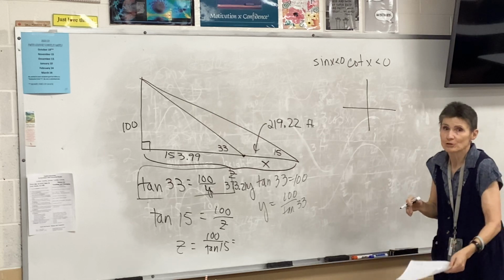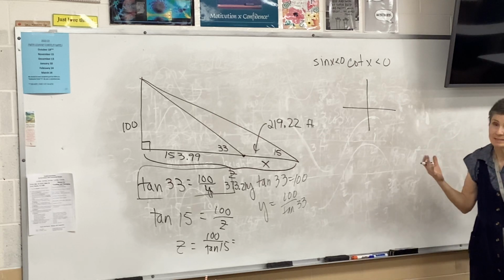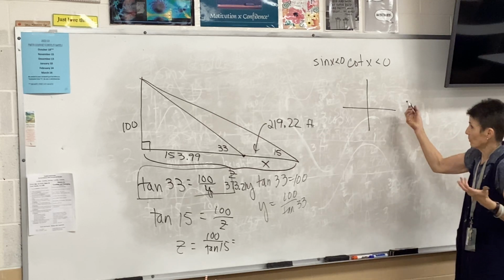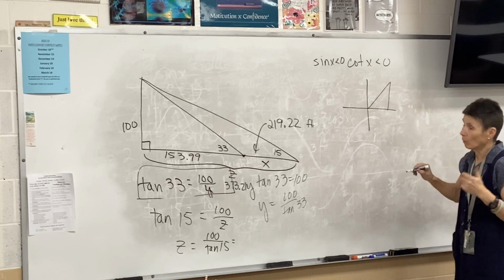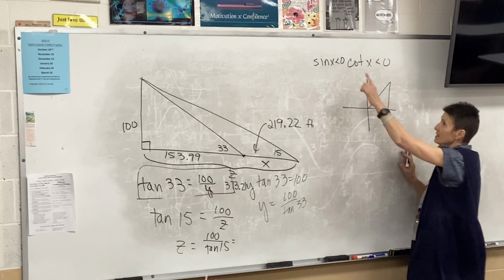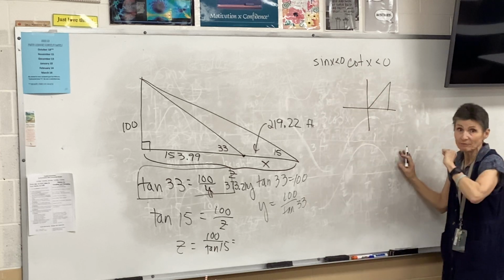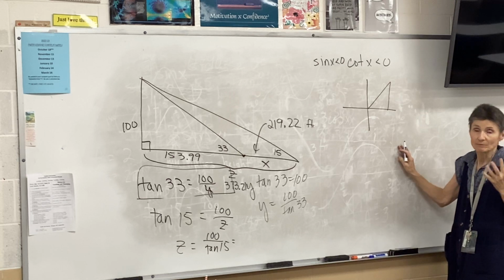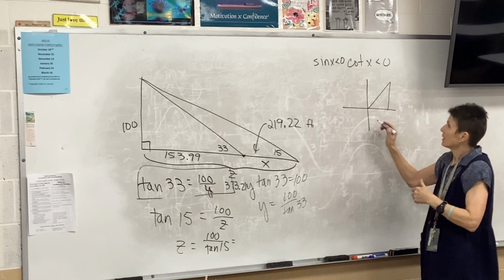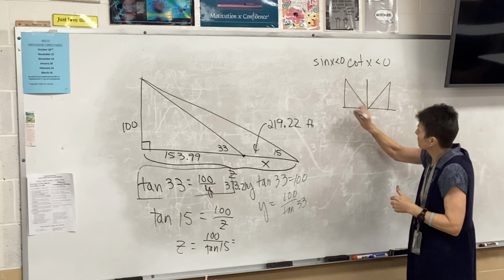So you can just do this by process of elimination if you want. So am I in quadrant 1? Well, I don't think so, because both of these are supposed to be negative, and in quadrant 1, everything is positive. So not quadrant 1. All right, what about quadrant 2?